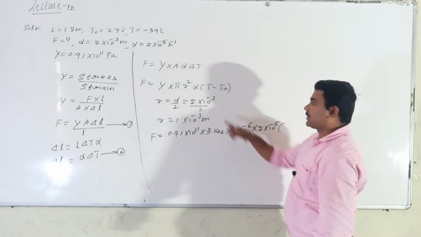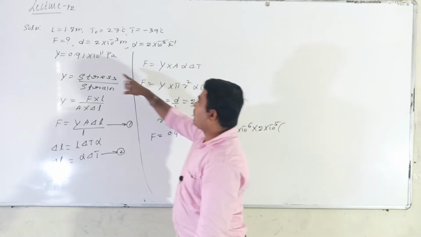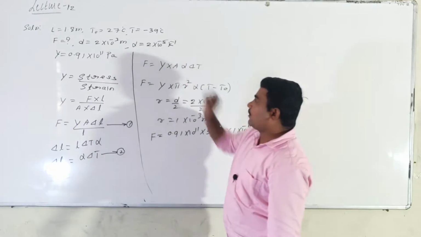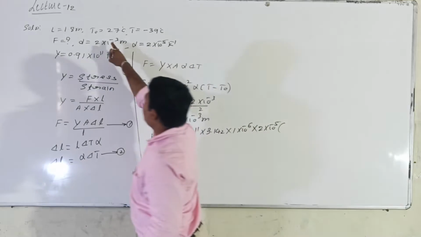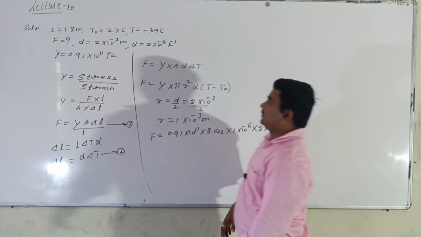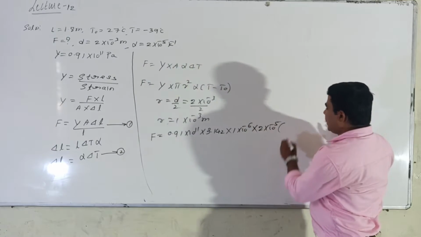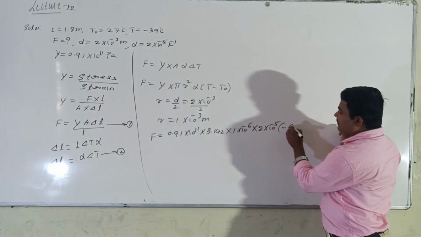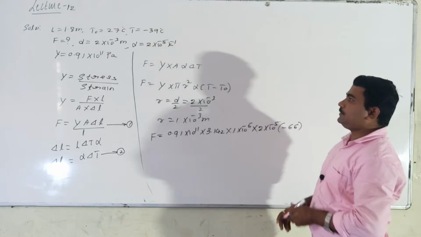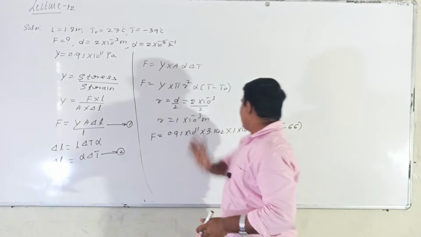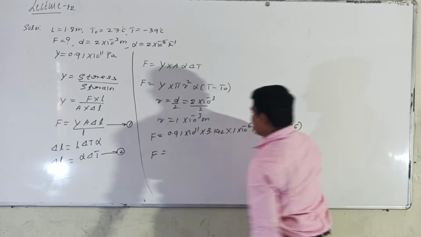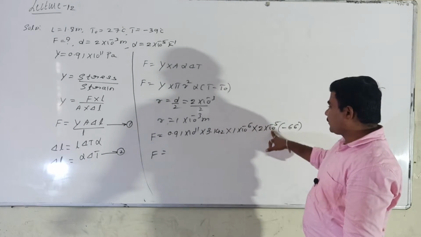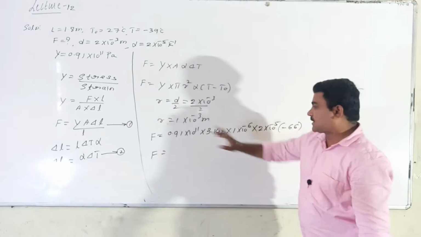T minus T naught: T is minus 39 and T naught is 27, so T minus T naught is minus 66. Then calculate all the values: the powers minus 6, minus 5, and plus 11 combine, and the powers cancel.